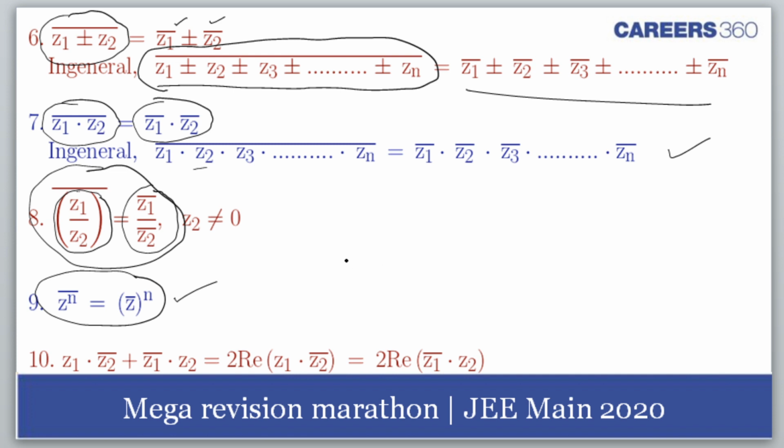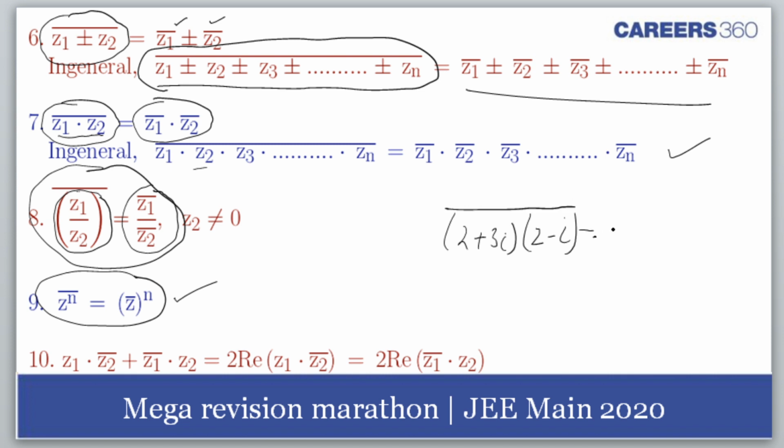The seventh one, once again. It is z1 into z2. When we do z1 into z2, we first of all calculate z1 z2. Multiplication of complex numbers. I hope you are comfortable with multiplication of complex numbers. Suppose you have (2 + 3i)(2 − i) and the whole conjugate is given.